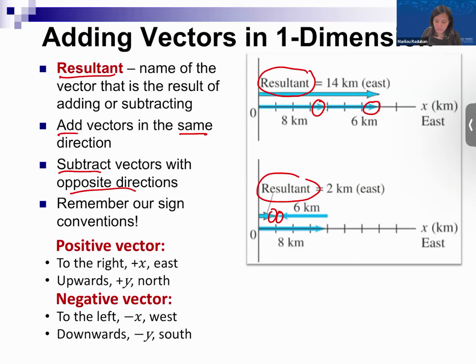So in this case, we can see that the vector pointing to the left has a greater magnitude or size compared to the vector pointing to the right, and therefore it makes sense that the resultant vector will be pointing to the left.